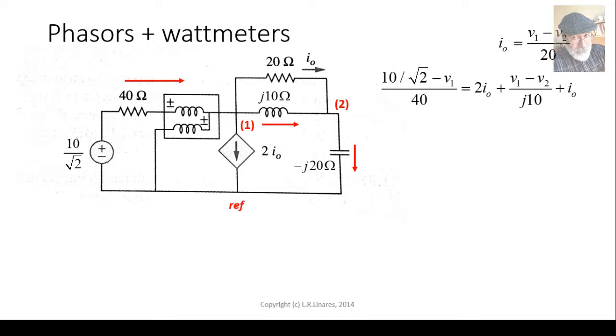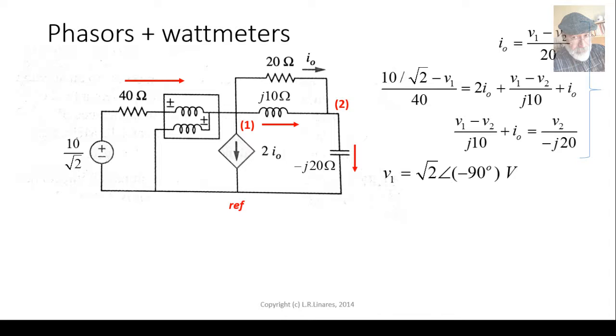One more equation, the KCL equation for node 2: V1 minus V2 divided by j10 plus the current I naught that comes from the top is equal to V2 divided by negative j20. We have three equations, three unknowns, V1, V2, and I naught.